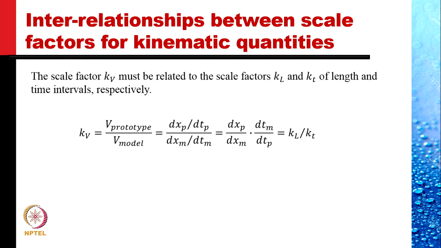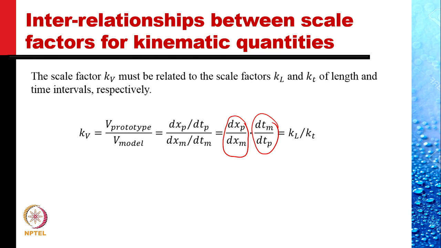This is written as dxp over dxm into dtm by dtp. This is nothing but the length scale factor Kl, and this is the reciprocal of the time scale factor Kt.